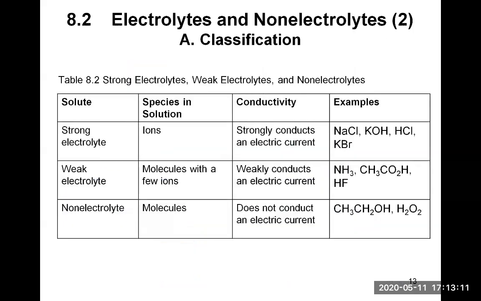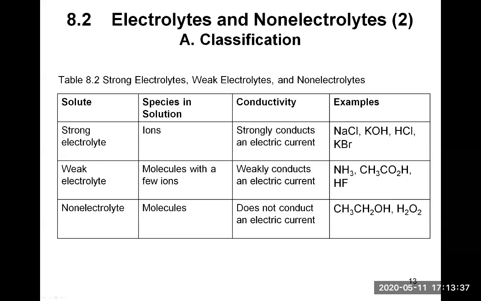So this table summarizes what are strong electrolytes versus weak electrolytes versus non-electrolytes. For strong electrolytes, you need to have ions in solution, which are charged particles that can carry the electricity. If you have a lot of ions, they will strongly conduct an electric current.